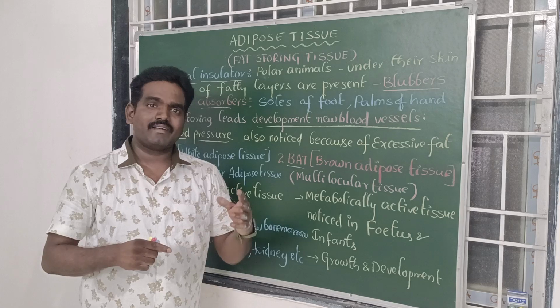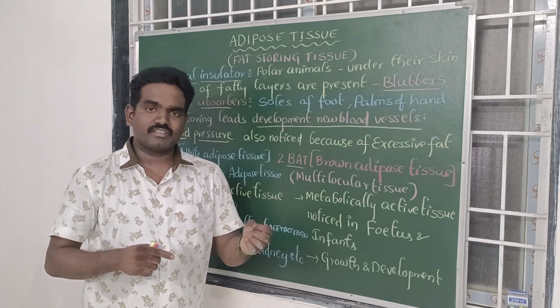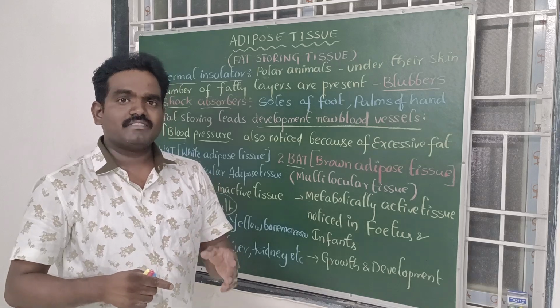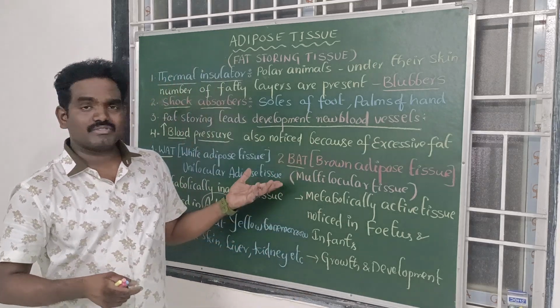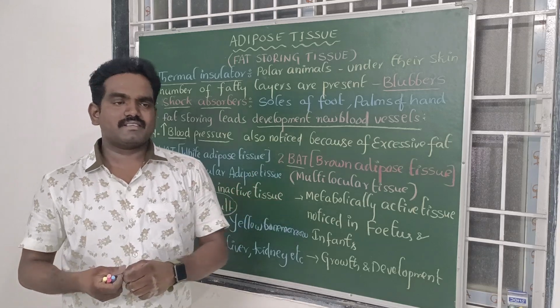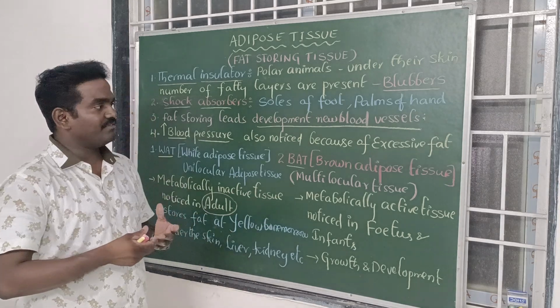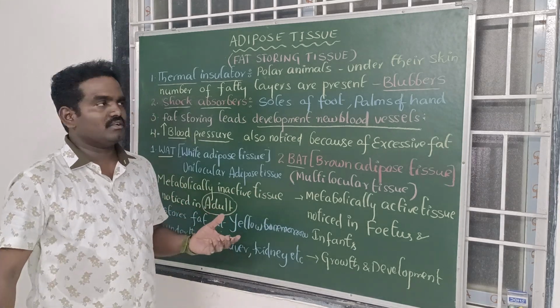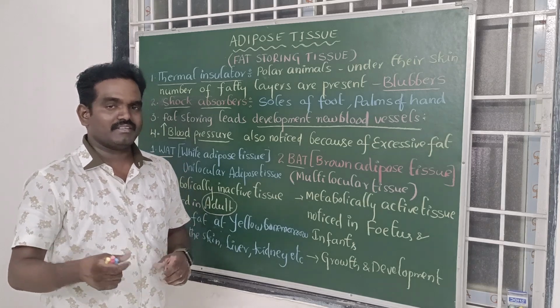Mast cells produce heparin, histamine, serotonin, bradykinin. Adipocytes store fat, and macrophages act as phagocytes. And the adipose tissue we just completed is the brief introduction to adipose tissue. Next class we will talk about dense connective tissue.